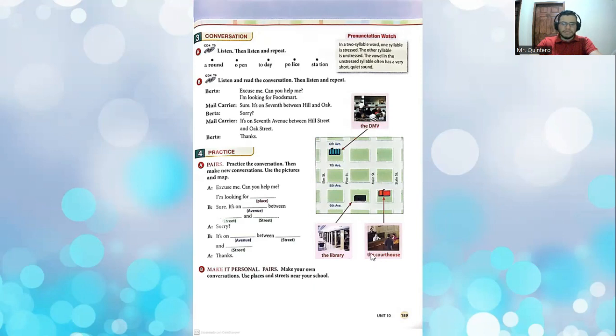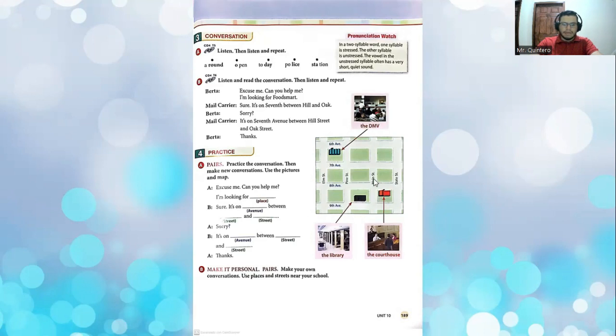For example, if you say, excuse me, can you help me? I'm looking for the courthouse. Sure, it's on. ¿En qué avenida está? It's on 8th Avenue. It's on 8th Avenue between, ¿en medio de qué calles?